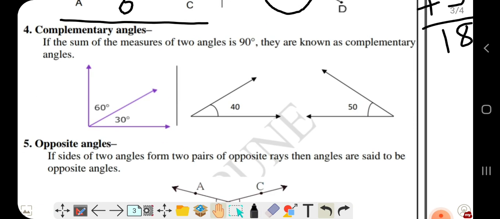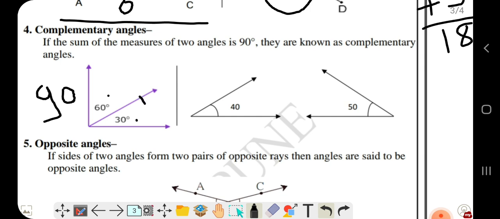Now the fourth concept is complementary angles. If the sum of the measures of two angles is 90, okay, in the first diagram we see the first angle is 30 degrees and the second angle is 60 degrees and the sum, 30 plus 60, is 90. So according to the definition, they are known as complementary angles.